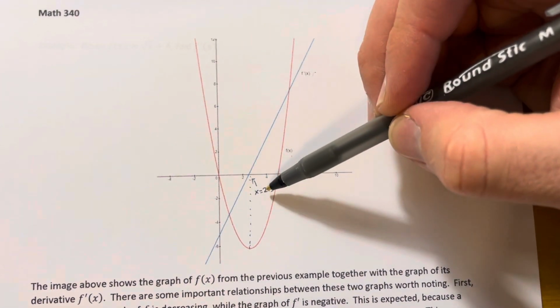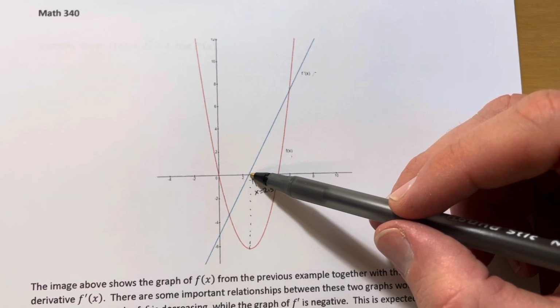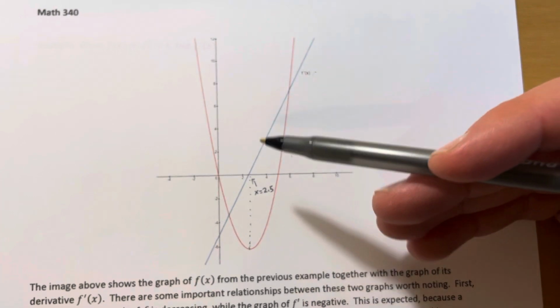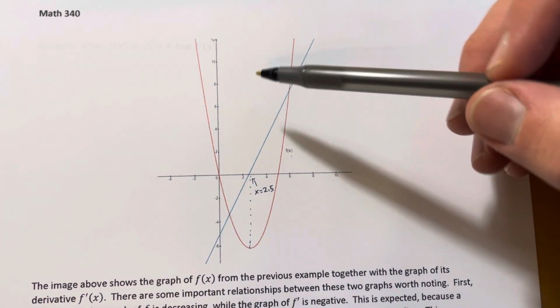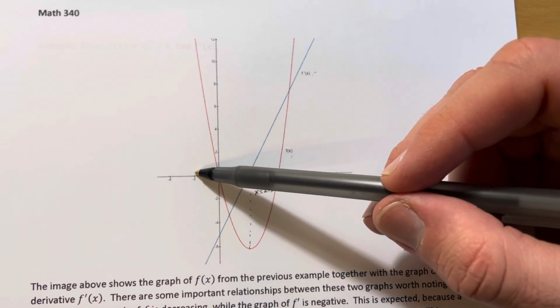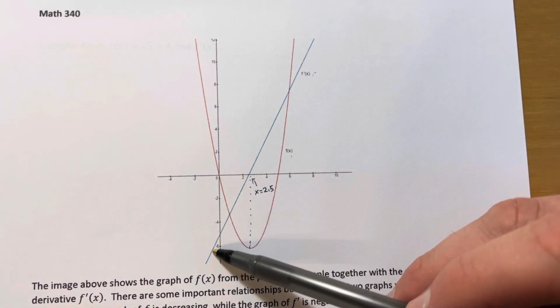And you can find that easily enough because that's where this blue line also crosses the x-axis. So you can go to your derivative, 2x minus 5, set that equal to 0, and then solve it, and that's how we would have gotten this. But notice that for all of the x values to the left of 2.5, the blue line is giving me negative y values.